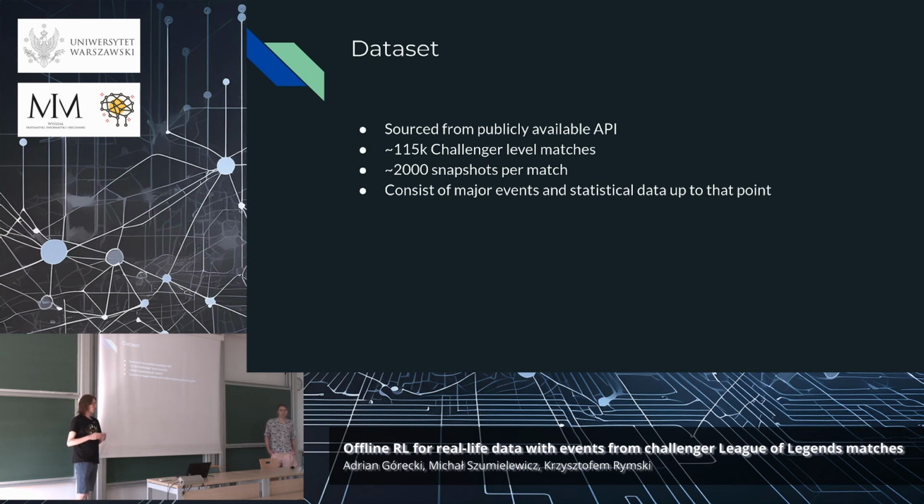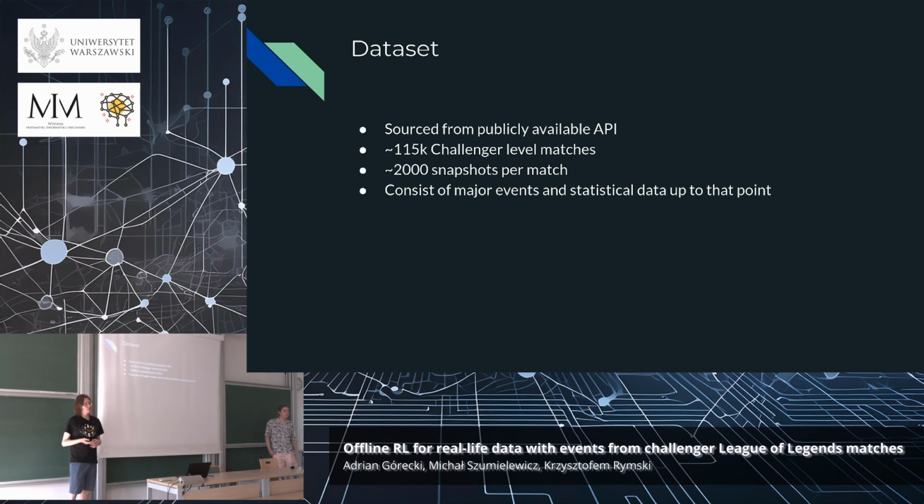Challenger is what the game calls the best players on the given server. So what we worked with was pretty much only the data of the best, so there were not a lot of improper plays. We could assume that the players were playing quite correctly.